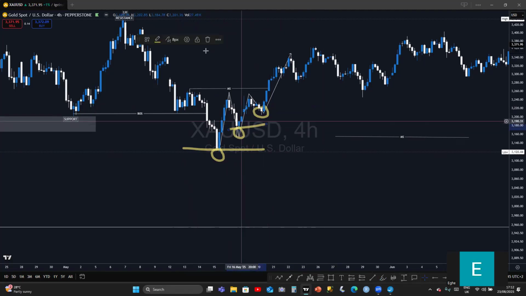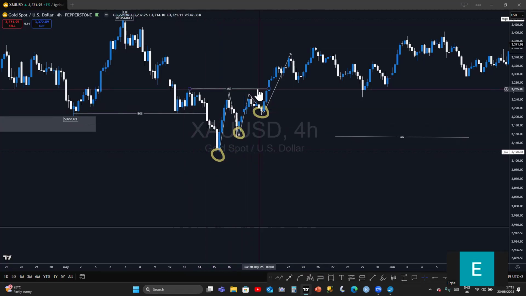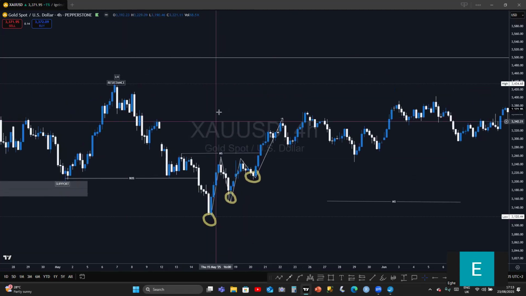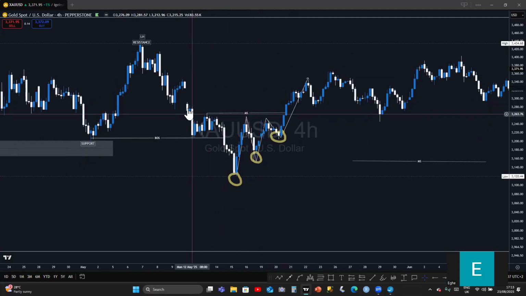So this point here now, after when he got here, he stopped. He created a high. He got here, he stopped. He created equal highs. But this last support here clear everything. This is a change of character on 4 hours. Change of character. You see this change of character.